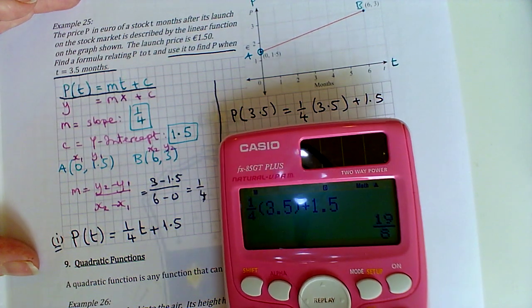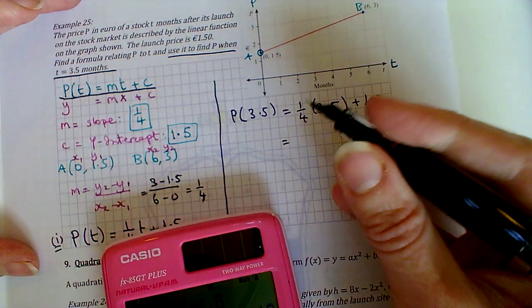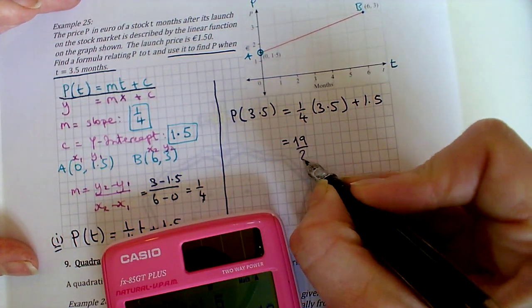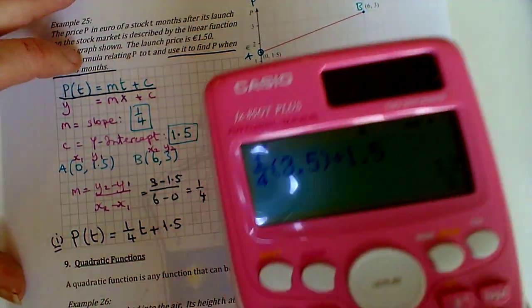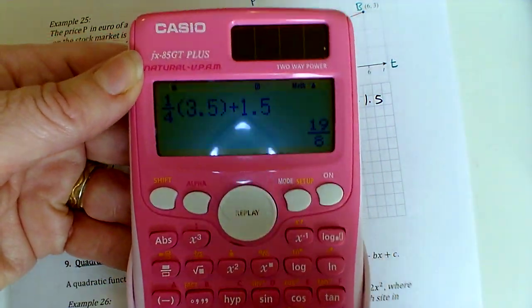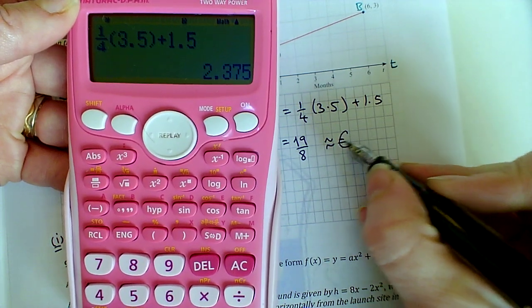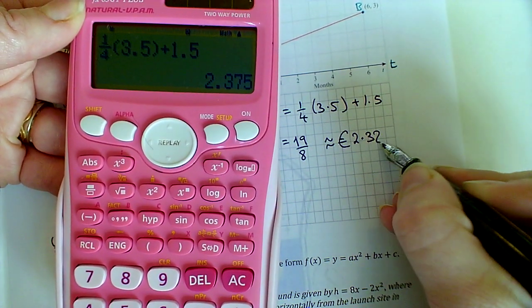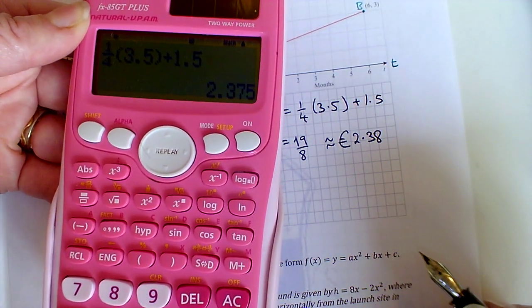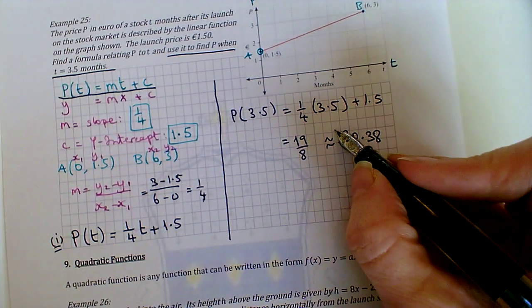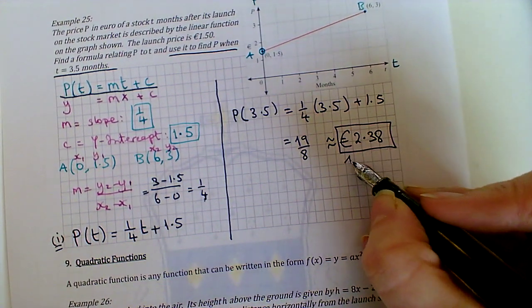And that gives us 19 over 8. But it's money, so we're going to change that to 2 decimal places, 2.375, so it's approximately €2.38 after 3.5 months. So that is the answer.